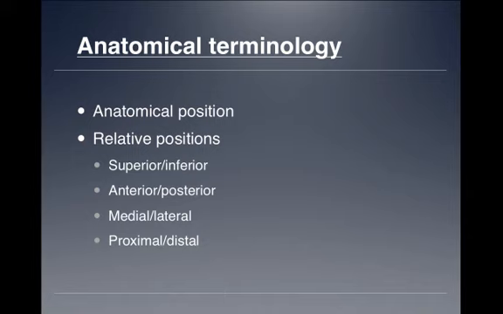And if it's more distal, it's more distant or farther away from the trunk of the body. So for example, your wrist is going to be more distal than your elbow. Okay? And your elbow, being closer to the trunk of the body, is more proximal than your wrist is.